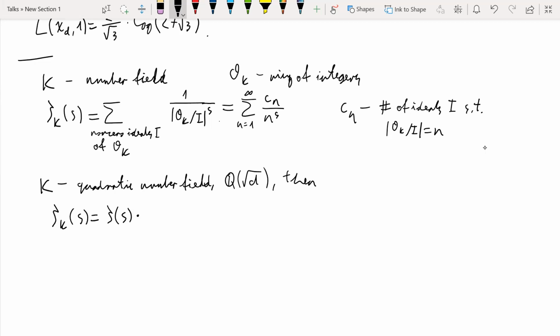And also we have a factor of L of chi D, s, which is this Dirichlet L function that has appeared before. So we see that this Dirichlet L function also appears in a sense in the Dedekind zeta function. And the value of the L function at 1 can be translated into the residue of the pole of this function at s equals 1.